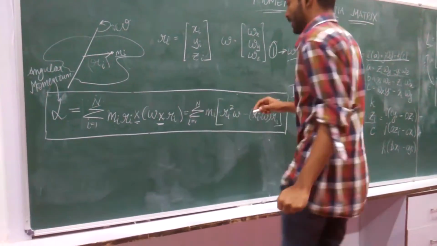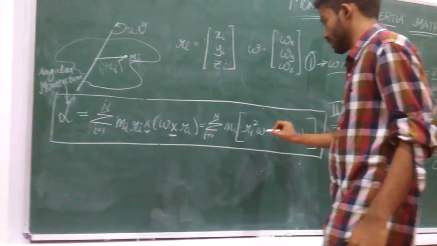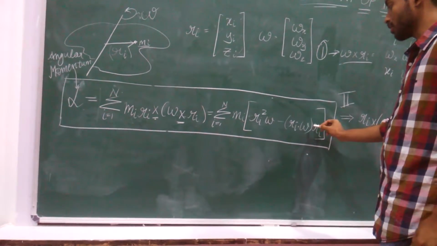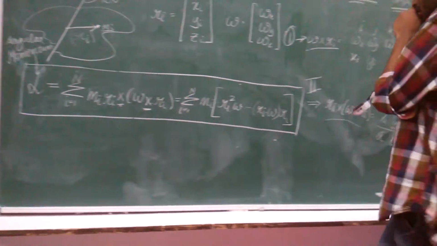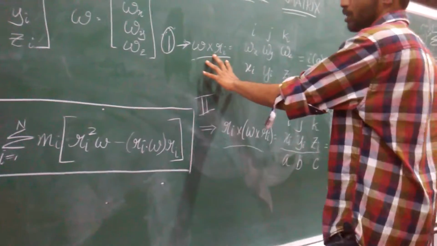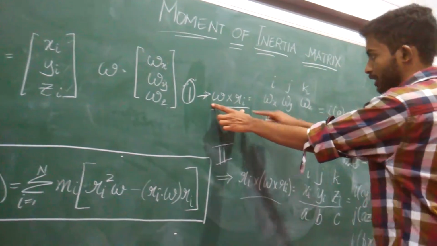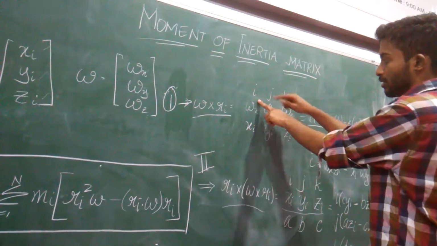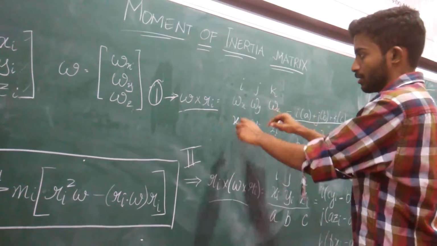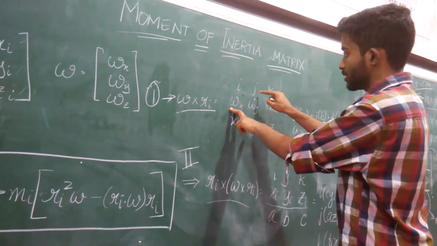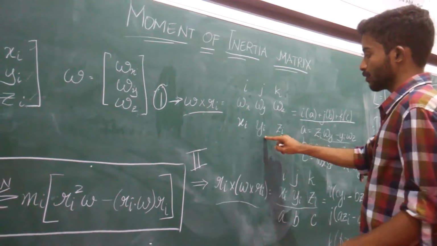This can also be represented as the sum over i = 1 to n of mi times (ri² omega - (omega dot ri) ri). Now let us take this part, omega cross ri. The cross product can be written as a matrix in terms of i, j, k, and similarly we get the terms omega x, omega y, omega z, and xi, yi, zi.